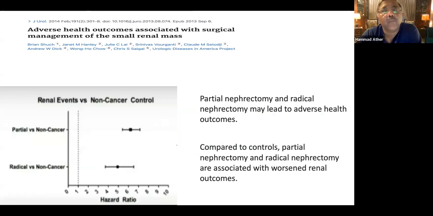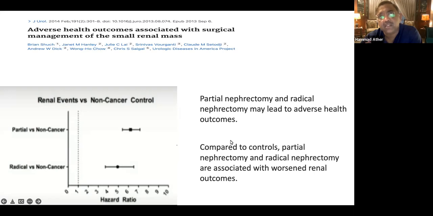Patients with kidney masses are themselves at risk of development of renal dysfunction. So if you look at this graph, you can see that patients who had a partial nephrectomy versus non-cancer patients, or patients who have a radical nephrectomy versus non-cancer patients, there is significant hazard of developing renal dysfunction.